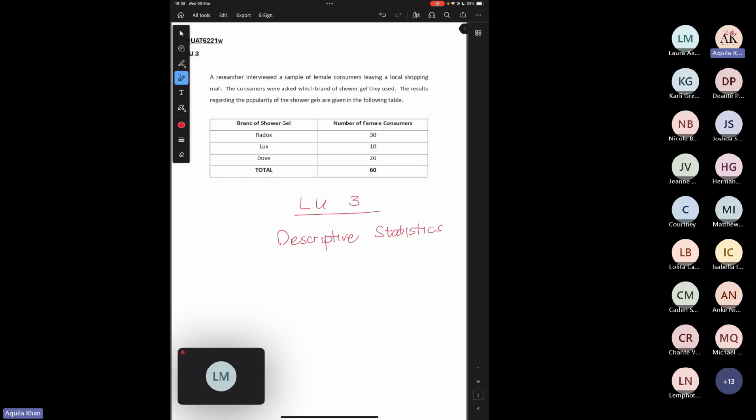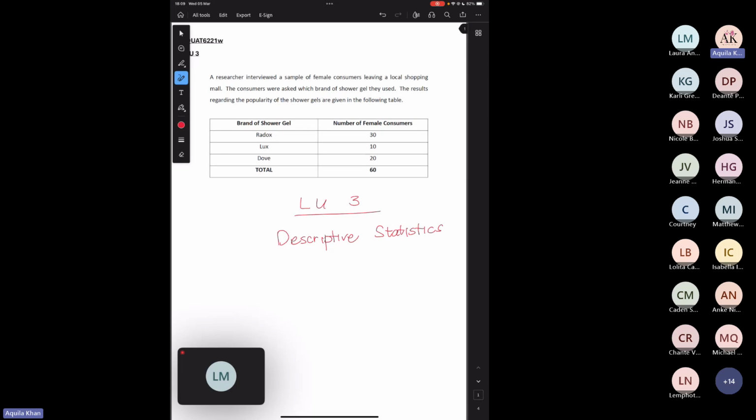So the section again is called descriptive statistics. What we're looking at here is taking data that we've been provided with and condensing it into measures that can make it more meaningful. Instead of randomly looking at data, information, or random values and trying to gauge what information we can get from them, we apply statistics to make it more meaningful so that we can use it in decision making in the real world.